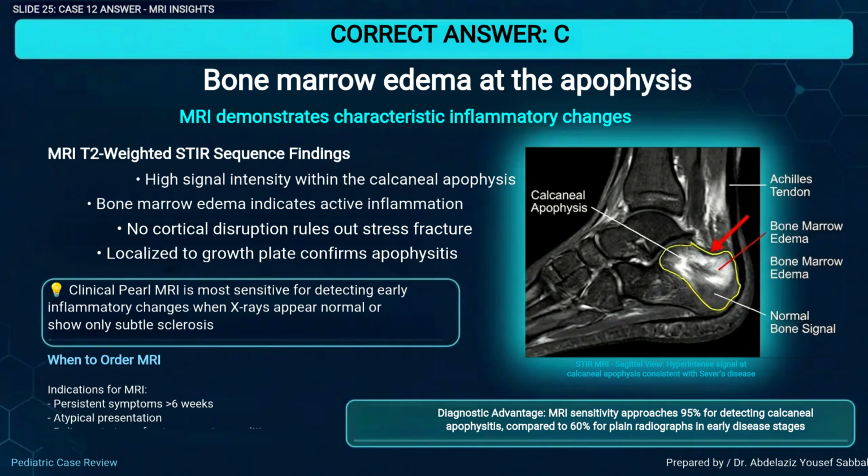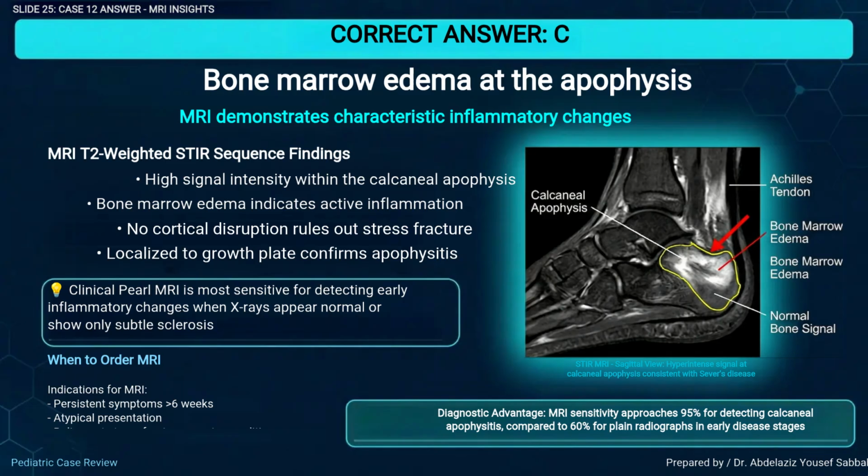On T2-weighted and short tau inversion recovery sequences, magnetic resonance imaging shows high signal intensity within the calcaneal apophysis. Bone marrow edema indicates active inflammation. Absence of cortical disruption rules out stress fracture, and localization to the growth plate confirms apophysitis. Magnetic resonance imaging is most sensitive for detecting early inflammatory changes when X-rays appear normal or show only subtle sclerosis.